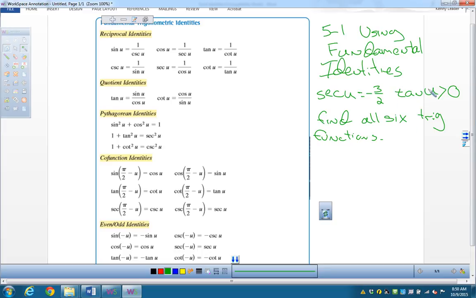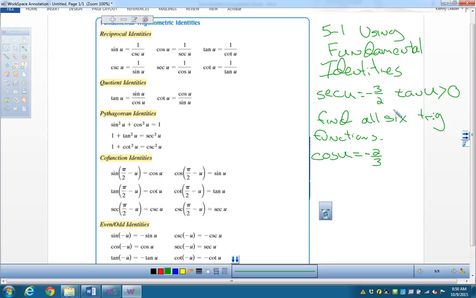You can still do it that way, but they want you to use these identities to do this rather than actually draw it. So the first and probably the easiest one to find, just by using those identities, would be what? Cosine, right? So cosine u would just be the reciprocal of secant u, so that'd be negative 2/3, okay?